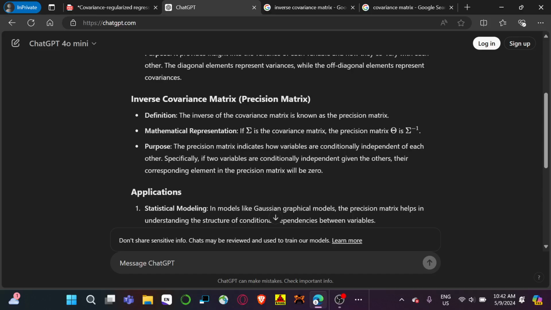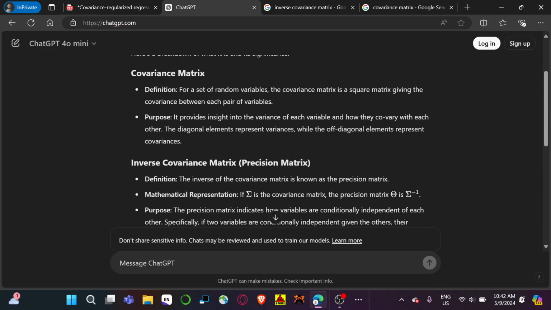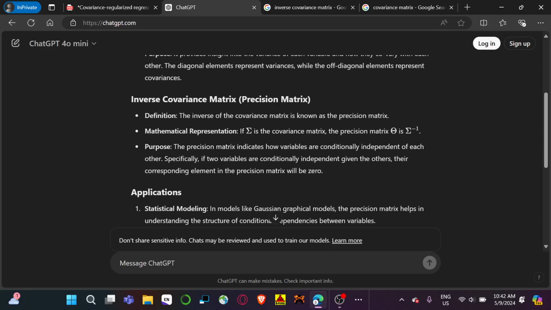The inverse covariance matrix is the inverse of the covariance matrix. So what's the purpose? The inverse covariance matrix says how the variables are conditionally independent of each other. So how not correlated they are.